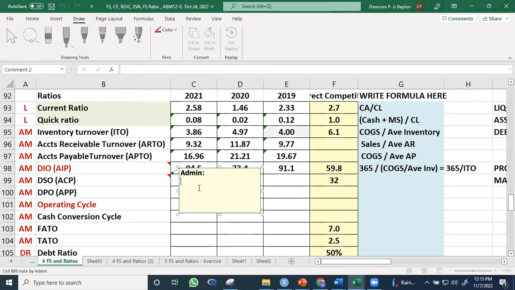So this is DSO, which is equal to days sales outstanding, and then the ACP is the average collection period. Right? So you may wish to note that first. So it's days sales outstanding, or average collection period.